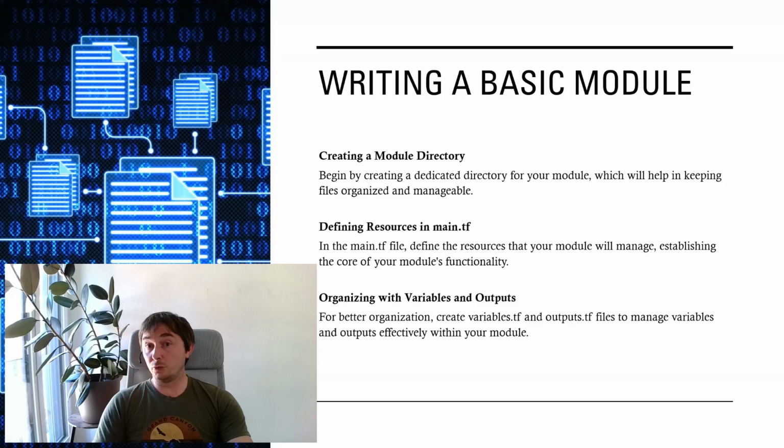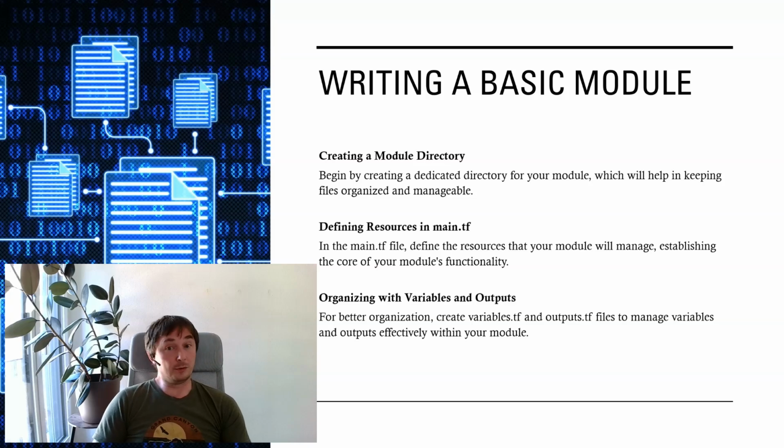And how to write a module? It's extremely simple. So let me show it a bit later. But you will create a directory, call it however you like, and that would be the name of your module pretty much. And then you will define the resources as usual in your main.tf, and that's just a way to call it by convention.